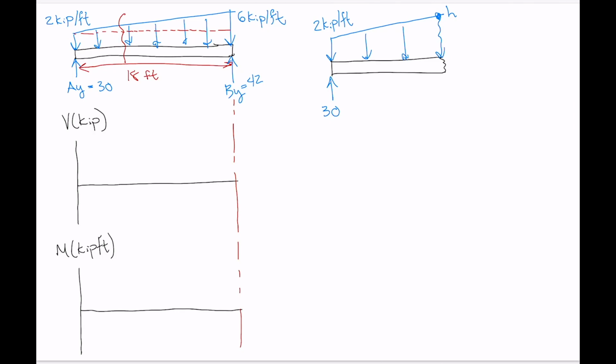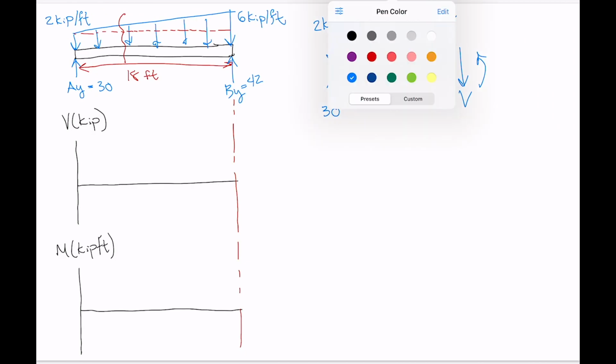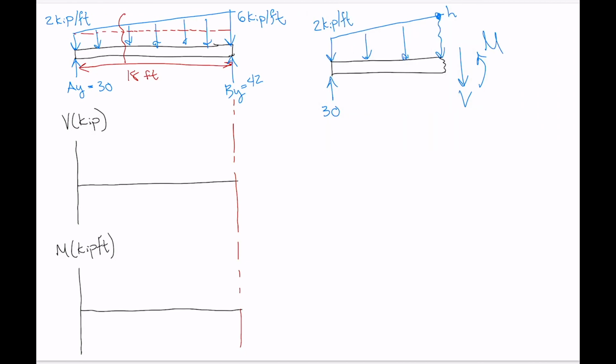All right, now we've got our internal shear force and our internal moment. So again, just throw these on in the positive direction according to our convention. So positive internal shear force acts to rotate the section clockwise, and positive internal moment acts to bend the beam or the section into a smiley face.